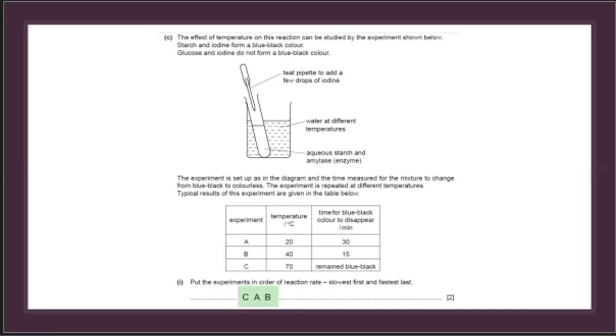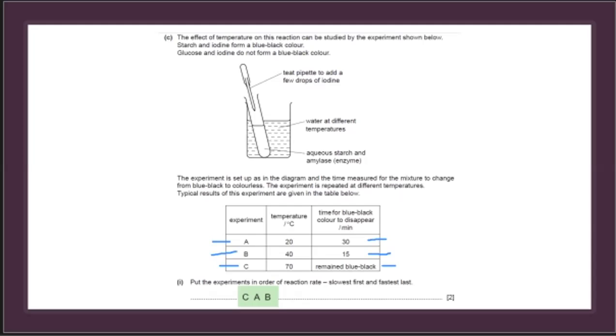Okay, so the experiment, we have A, B, and C. The temperatures, you have 20 degrees Celsius, 40 degrees Celsius, and 70 degrees Celsius. Time taken for the blue-black color to disappear, you have 30, 15, and it remains blue-black. So put the experiments in order of reaction rate from the slowest first to the fastest.